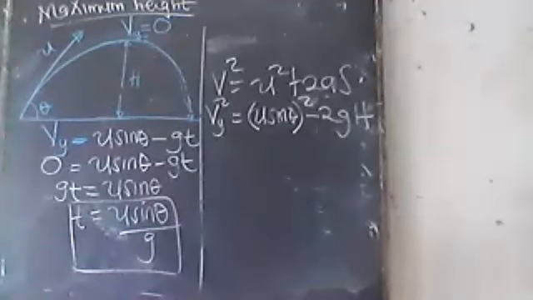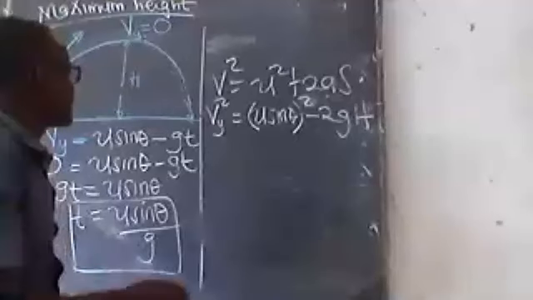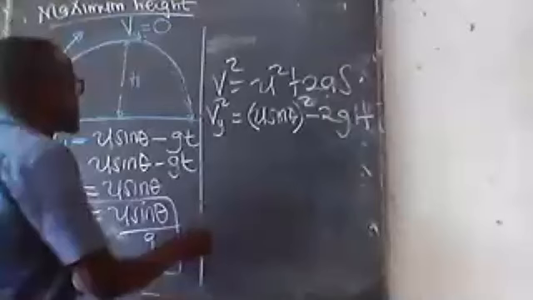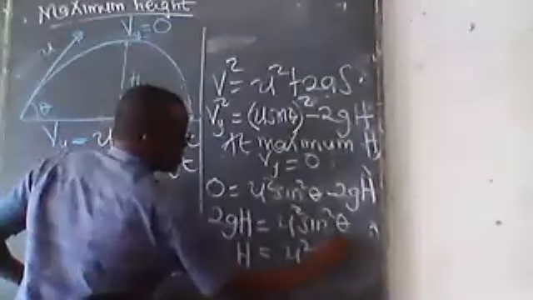So if I substitute 0, I get 0 equals u squared sine squared theta minus 2gH. I put the 2gH this side, I get u squared sine squared theta. When I divide by 2g, H becomes u squared sine squared theta over 2g.